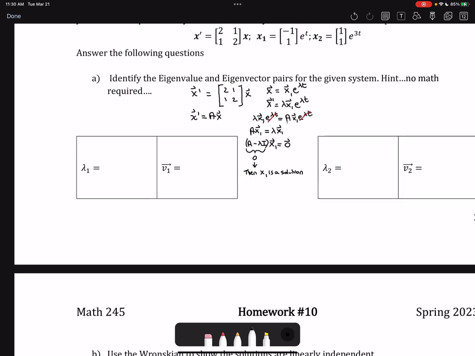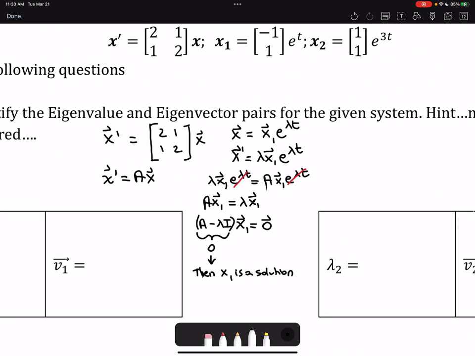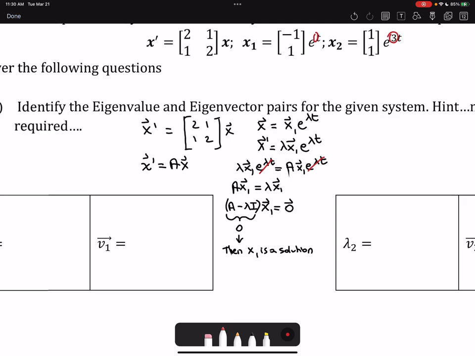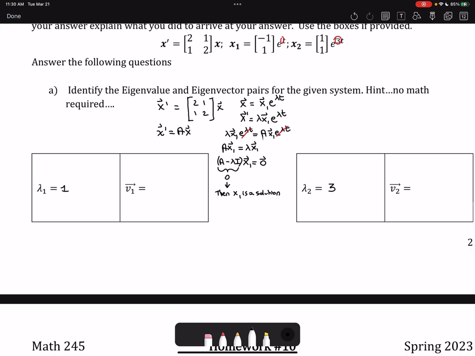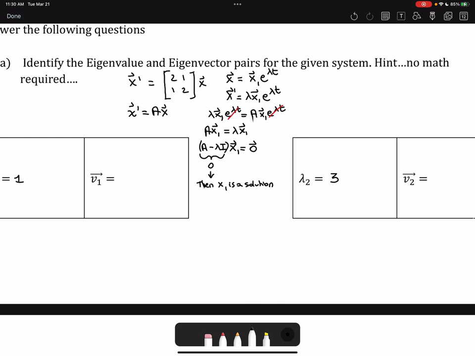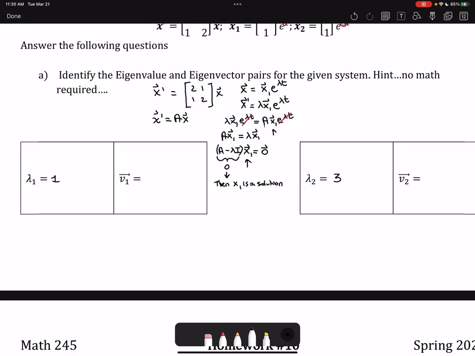So in this case that they give us, what are the eigenvalues? Well, it's going to be the coefficient in front of the t. So we're going to say that the eigenvalue here is 1, and that the eigenvalue here is 3. Okay, and now what else are we going to do? Well, now we want to find the eigenvectors. And this is the eigenvector. See, we had it right here.